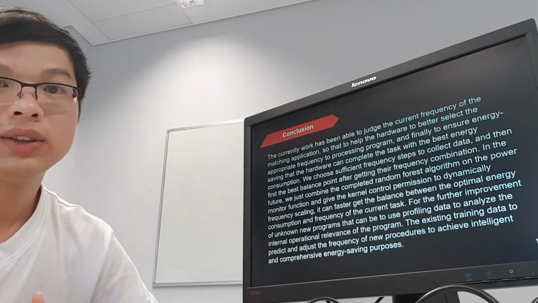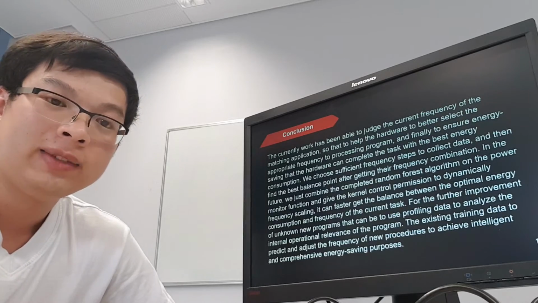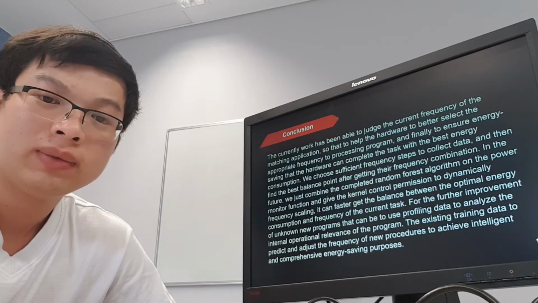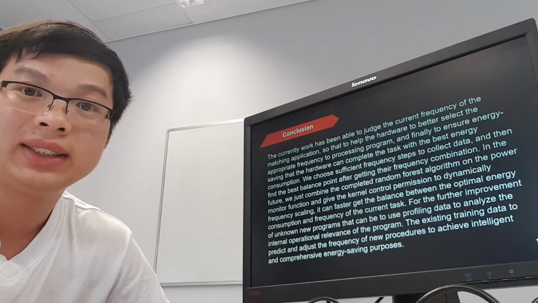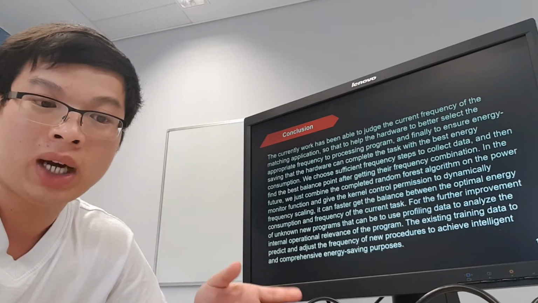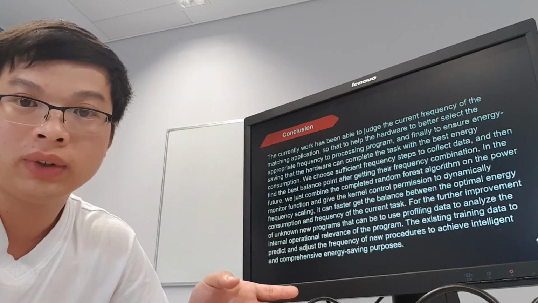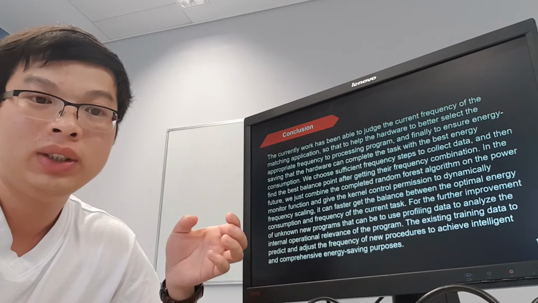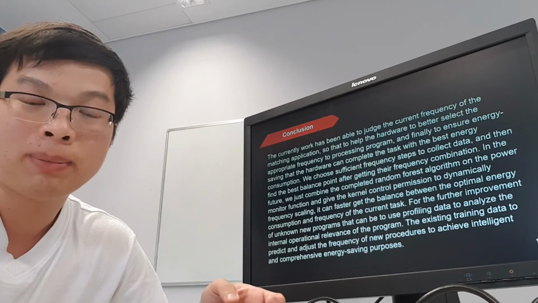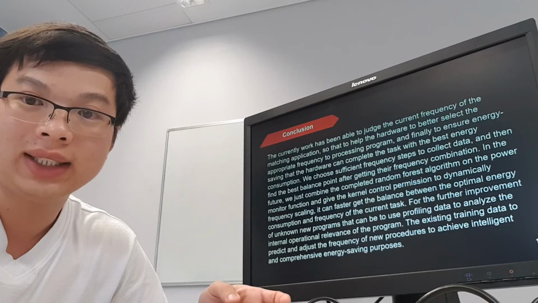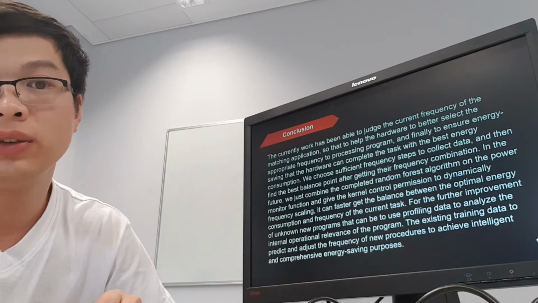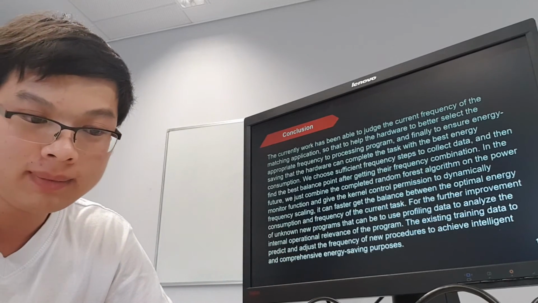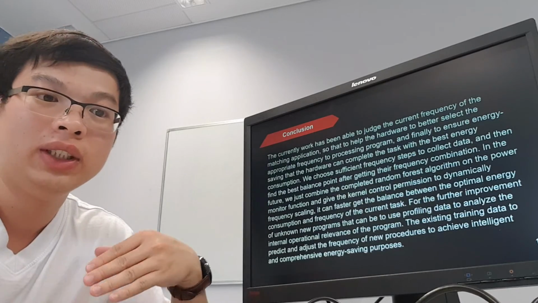So for the calculation, we can combine the power monitor function with the Random Forest classifier. Every time the power monitor function gets the data, it is sent to the Random Forest classifier, and we test one by one.